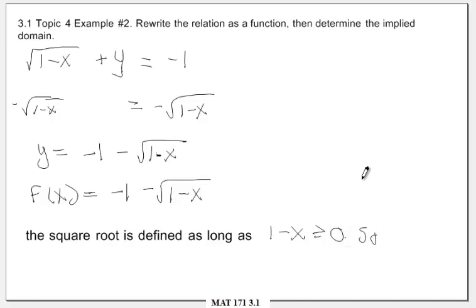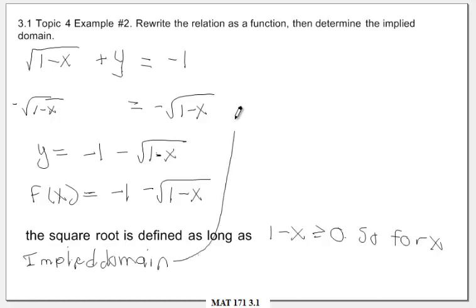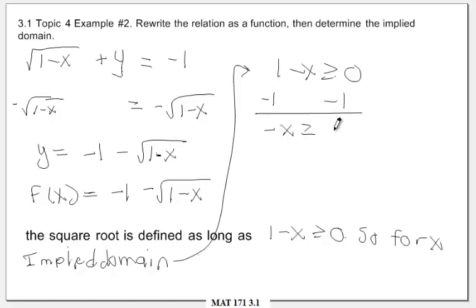So for x, the implied domain, we're going to do that over here. 1 minus x has to be greater than or equal to 0. So if we subtract 1 from both sides, we get negative x is greater than or equal to negative 1. Divide by negative 1.